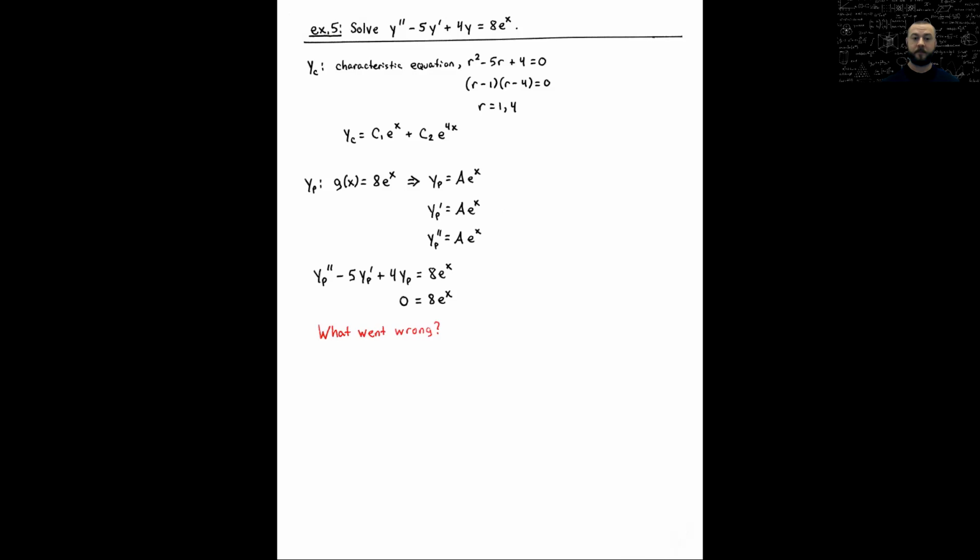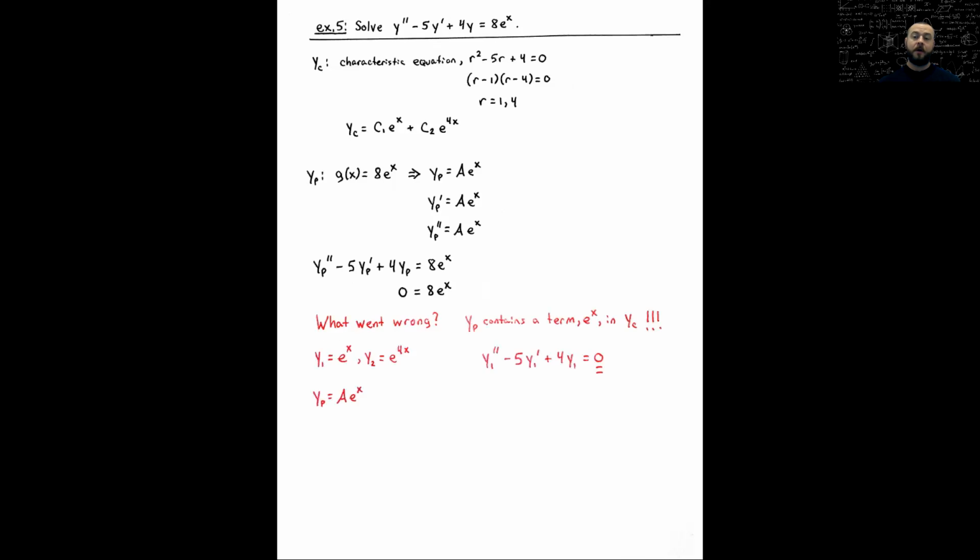Well, let's take a look at what our linearly independent solutions y1 and y2 are. Now, for our notation here, our y1 is e to the x and y2 is e to the 4x. Now just think about what happens when you plug y1 or y2 into the homogeneous ODE.